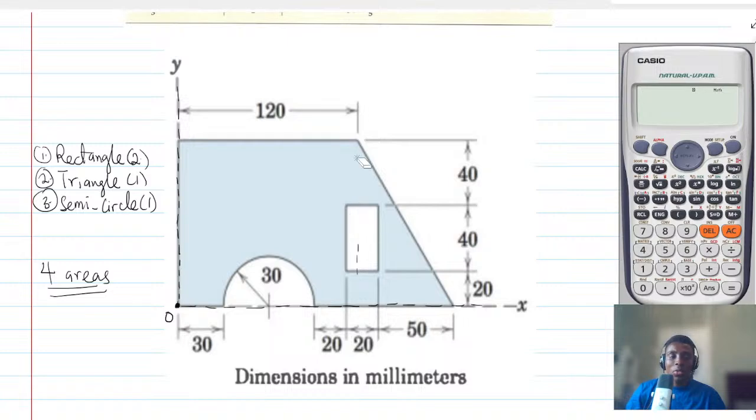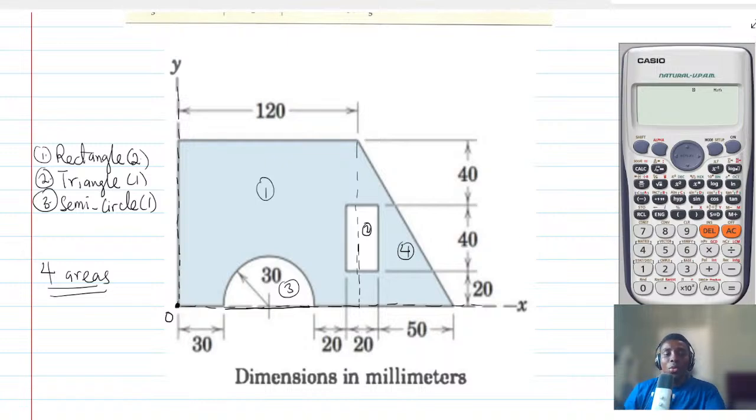So you see that there is one area here. There is a rectangle, there is a semicircle. So this is rectangle 1, and this is rectangle 2. The semicircle is area 3, and the triangle is area 4. Maybe let's do it in that sense.